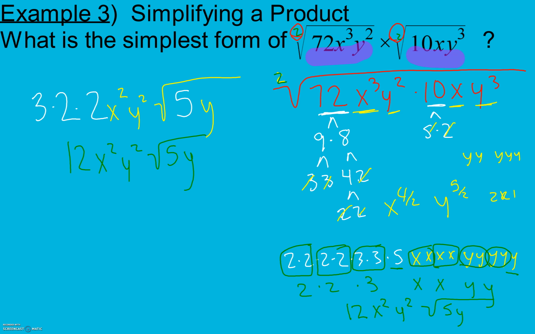That means that our x had to be positive because it's to the third power, and our y and our x here had to be positive because if we take them to the first power or to the third power, it would have had to have been a positive number in order to make it not a negative, and we can't take a negative inside there. So in order for it to be written as a square root, those had to have been positive values already, so we don't have to put the absolute values, but you can if you want to, because it's an even root. If you feel more comfortable writing those square roots, go for it.